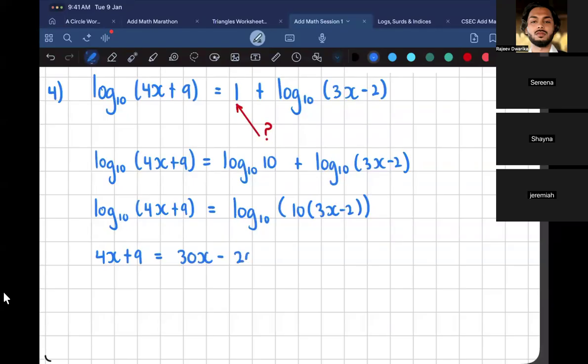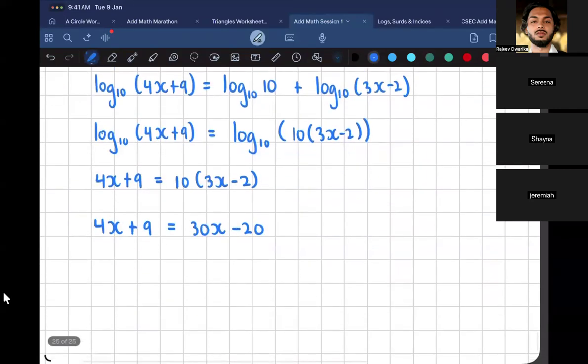For anybody that's confused or if you're looking at this video at a later time, Sheena skipped a small step. It's fine, but I'm going to put the full work in here. If I purely just drop the logs, I would have 10 by 3x minus 2. If I then use the distributive law and expand, I would end up with 10 by 3x, which is 30x, and 10 by minus 2, which is minus 20.